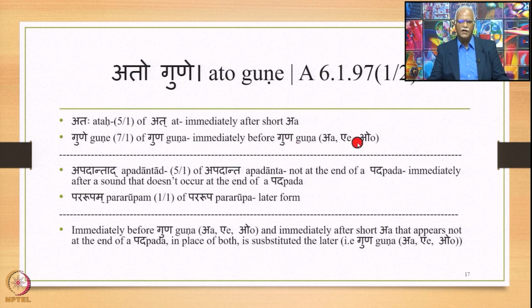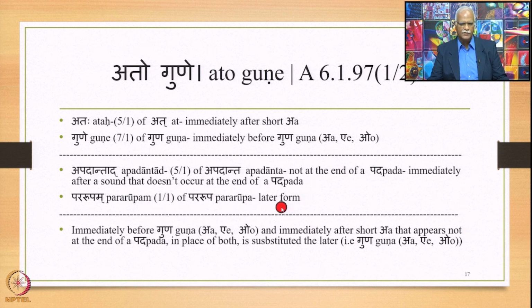And guna is a and o, defined by 1, 1, 2 adeng gunaha. The words continued are apadantat, 5/1 of apadanta, meaning not at the end of a pada. So apadantat means immediately after a sound that does not occur at the end of a pada. Pararupam is 1/1 of pararupa, that is latter form.